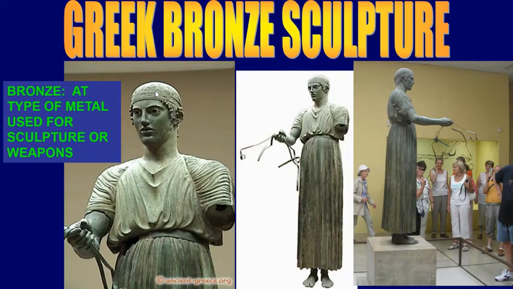So what they did is they made copies out of the sculptures. They made stone copies, and after they made the stone copy, they melted down the Greek bronze sculpture to make armor, swords, weapons, and etc. So the bronze sculptures that we're about to look at, there's very few of them in the world.